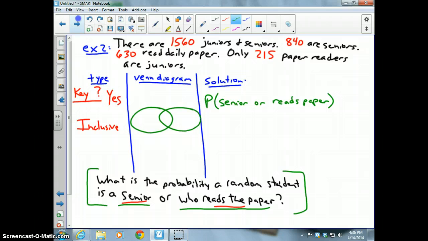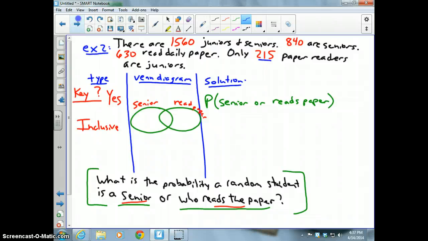All right, so in the Venn diagram, how are we going to label it? Well, first of all, we want to know if they're a senior. And secondly, do they read the paper? So that's how I'm going to label that. All right, well, let's fill in the 3 areas. How many seniors are there? Well, it says there are 840 total seniors. All right. Well, how many of them read the paper?